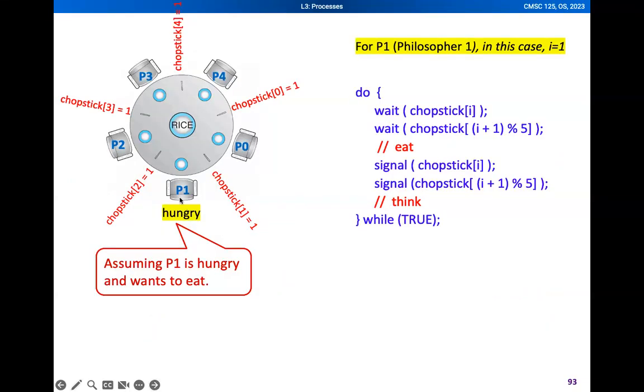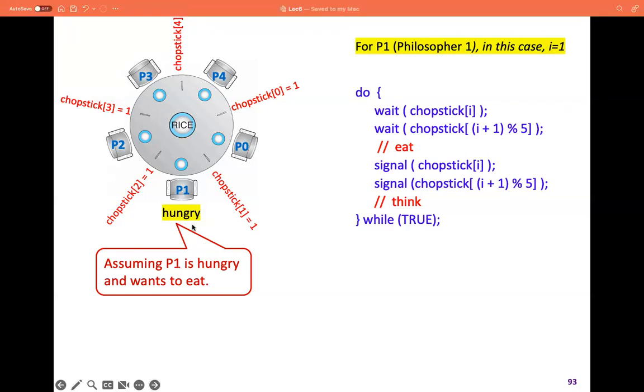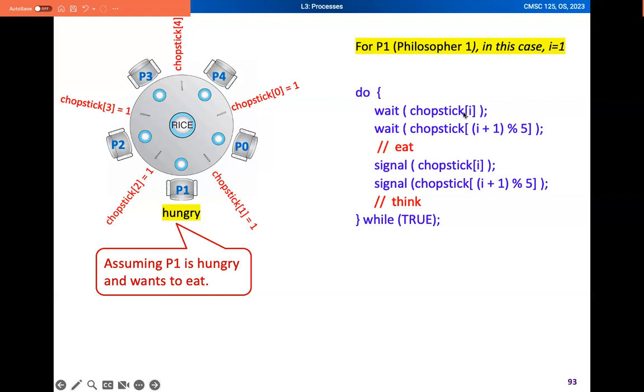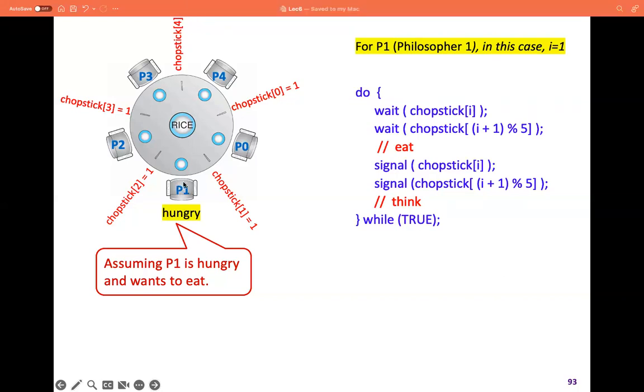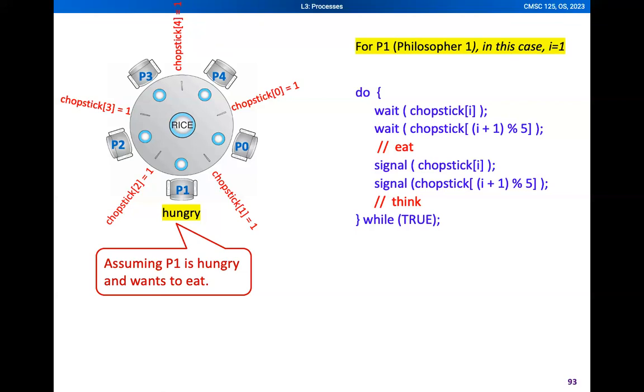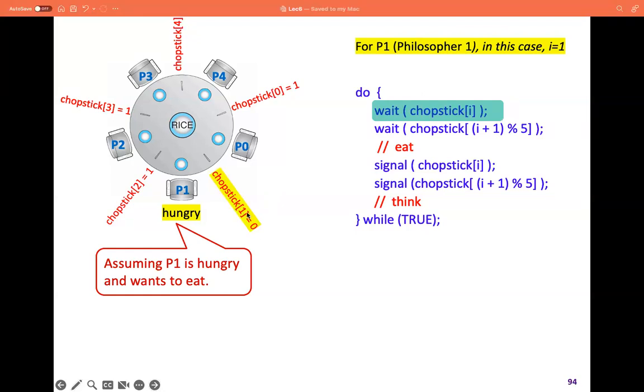Okay, so now let's have an example. Assuming that P1 is hungry and wants to eat. This is the source code here. One of our rules is that if a philosopher is hungry, it can only pick up the chopstick on its right and on its left. First, it picks up the chopstick on its right.